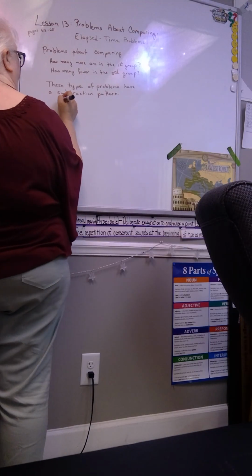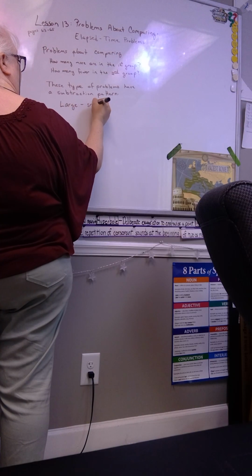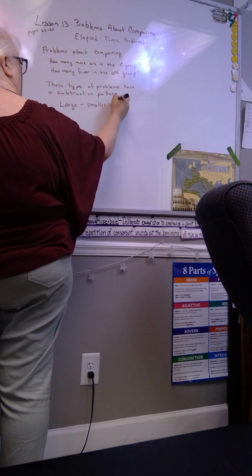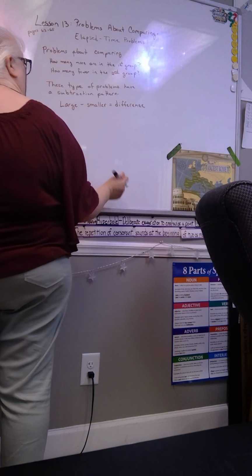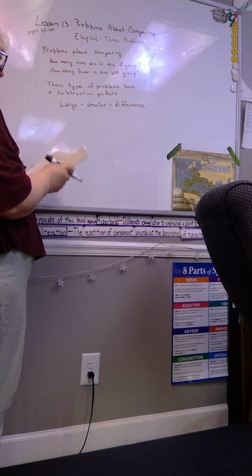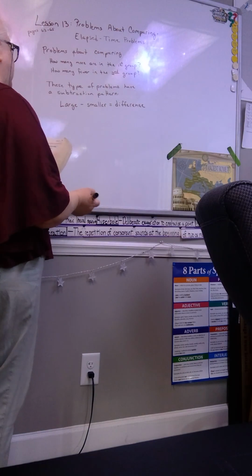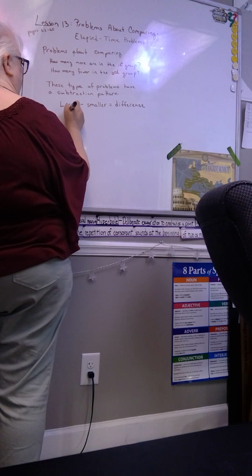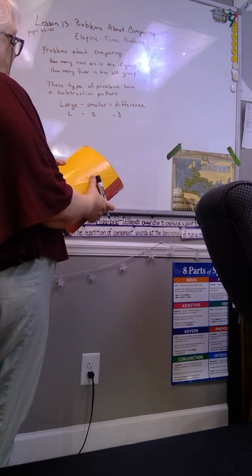So in a subtraction problem, we have a larger number minus a smaller number which equals the difference. And it should be smaller than the large number as well, but it could be larger than the smaller number. Okay. And then in place of the words, we can use letters, so we'd use L minus S equals D. And so they use the first letter of each word.